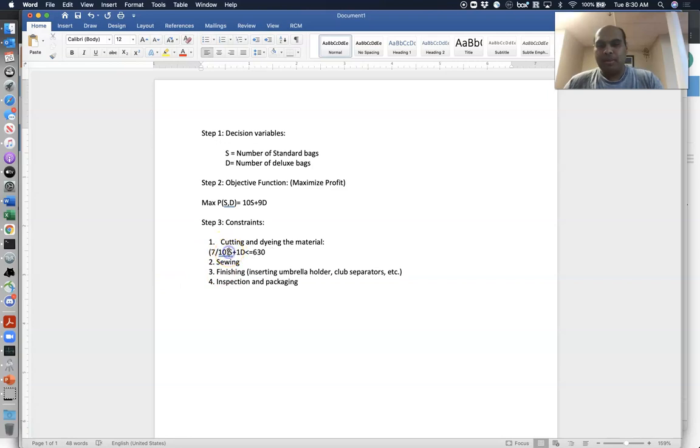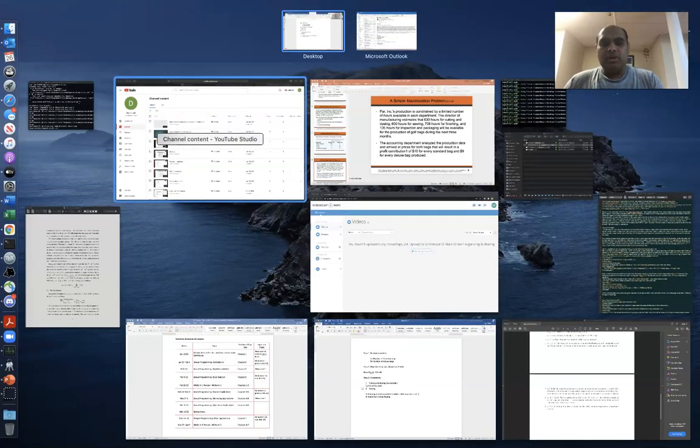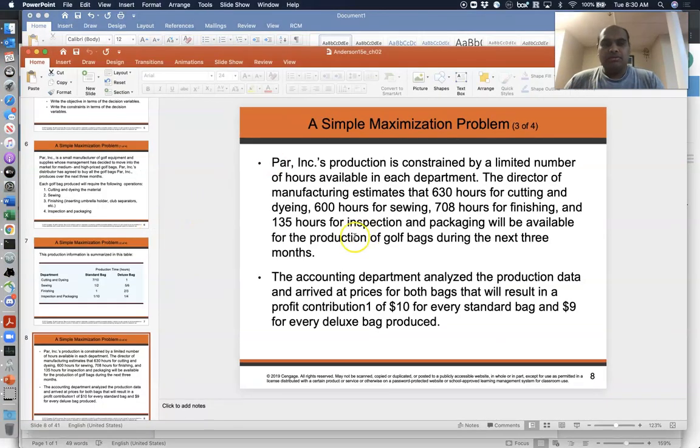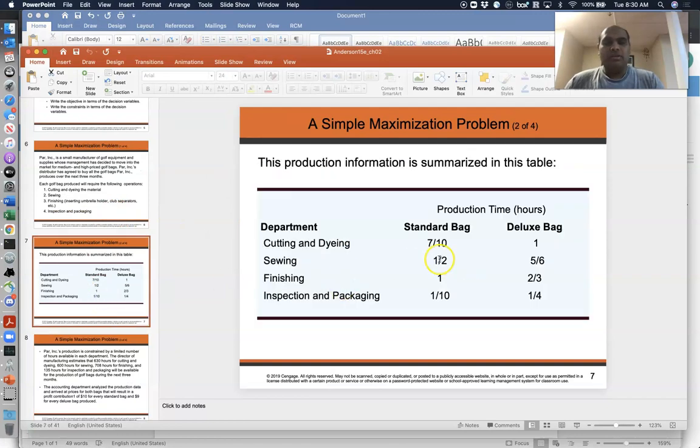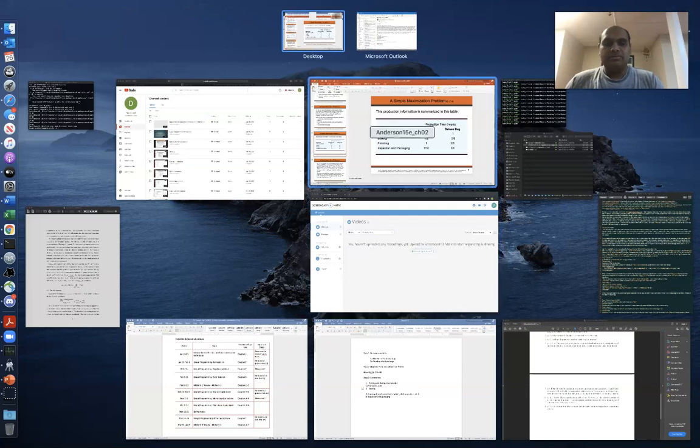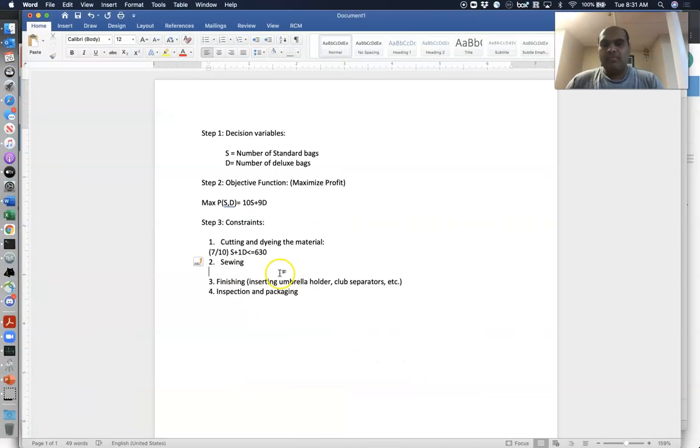Okay. So now let's write the sewing constraint in the exact same way. We know the data here: 600 hours for sewing, half an hour for the standard bag, and 5/6 of an hour for a deluxe bag. So half an hour times S for a standard bag plus 5/6 of an hour times D for a deluxe bag is less than or equal to 600 hours.